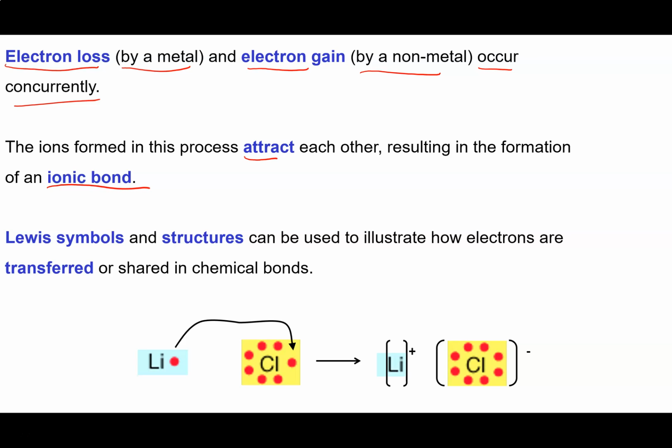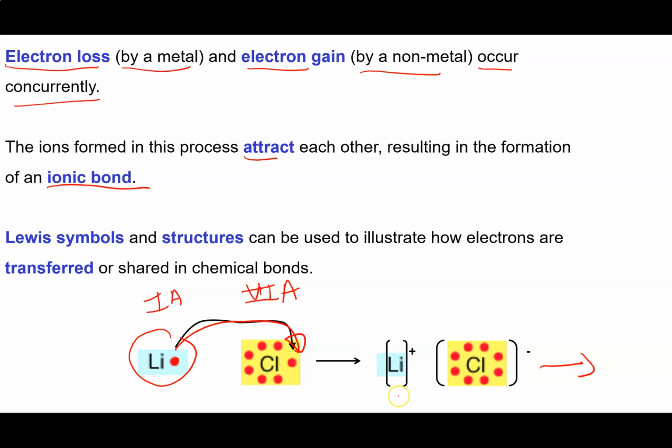And you can illustrate this transfer of electrons and formation of ionic compounds using Lewis structures that we learned about earlier. So here's a lithium atom. It's in group 1A, so it has 1 valence electron, and here's a chlorine atom. It's in group 7A, so it has 7 valence electrons. And what happens? An electron moves from the lithium to the chlorine.